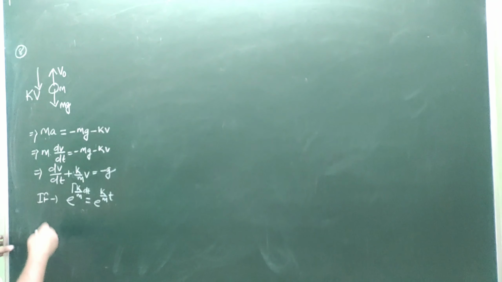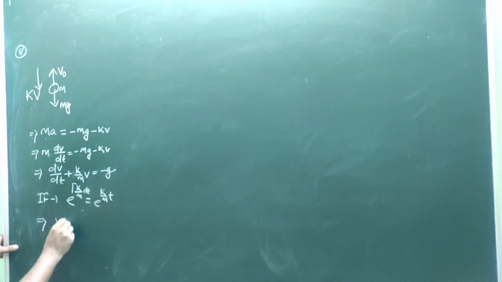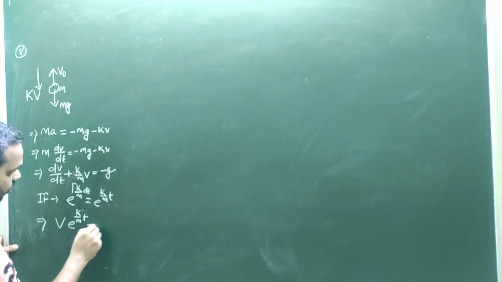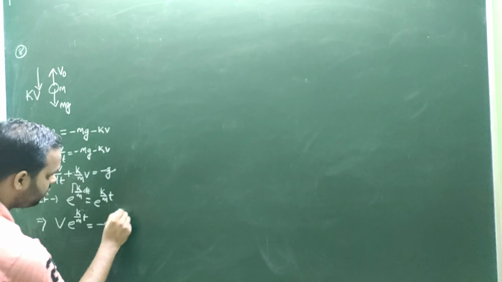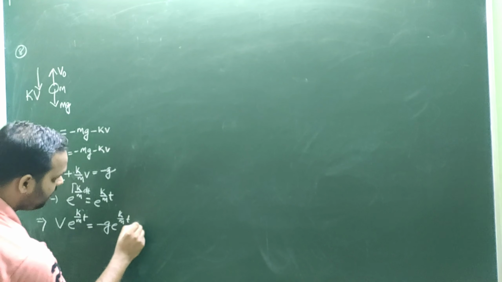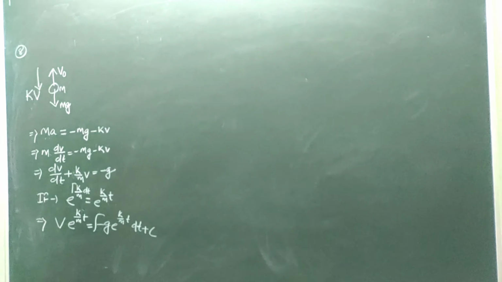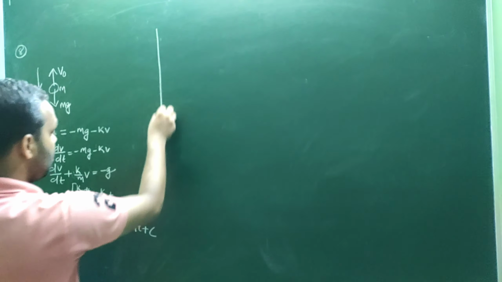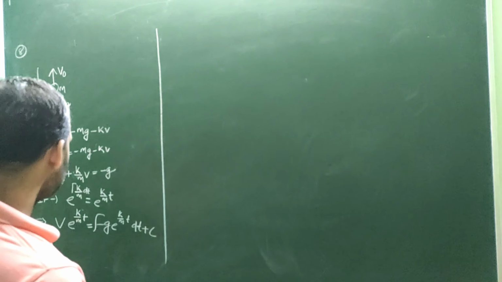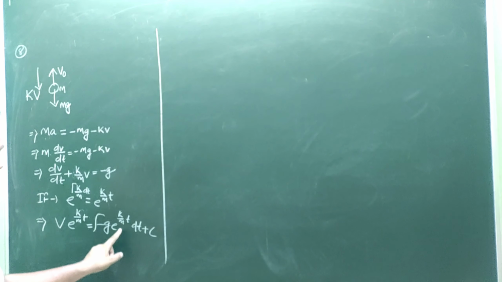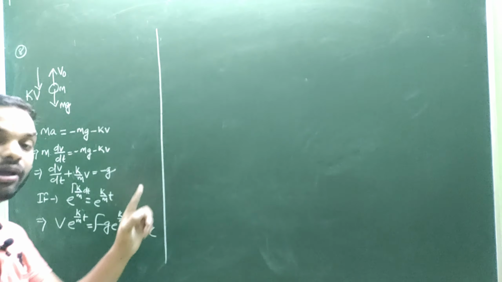Our next step is to write down the solution as v e to the power k by m t is equal to minus g integral of e to the power k by m t with respect to t plus an arbitrary constant c. Now let's see next. So the integration will be e to the power k by m t divided by k by m.